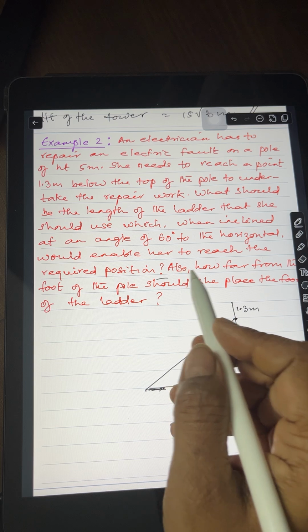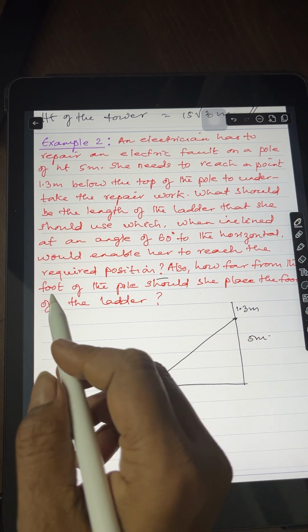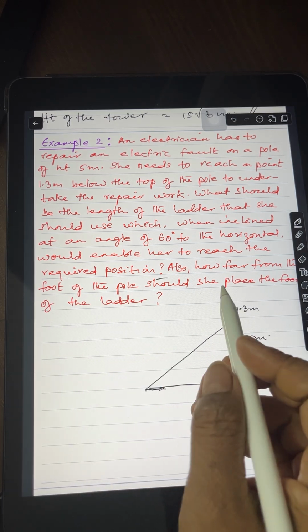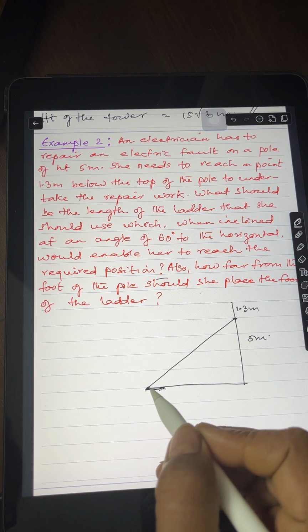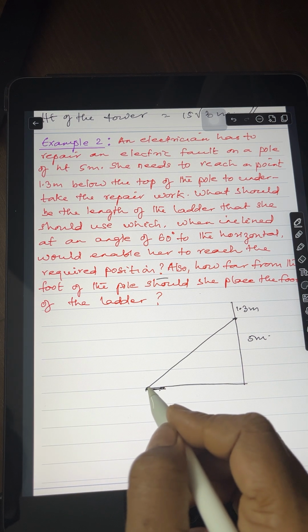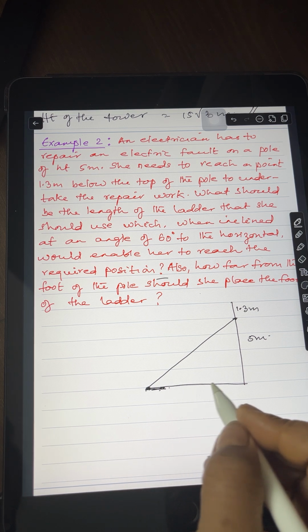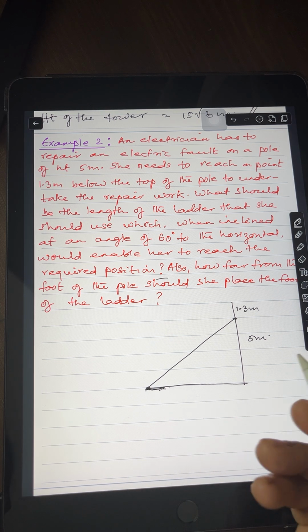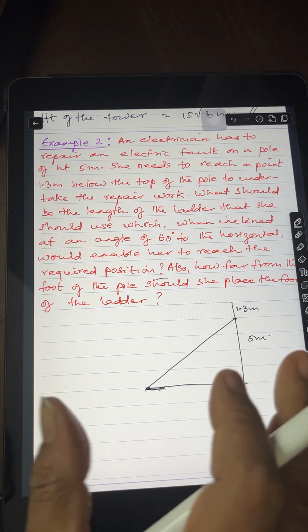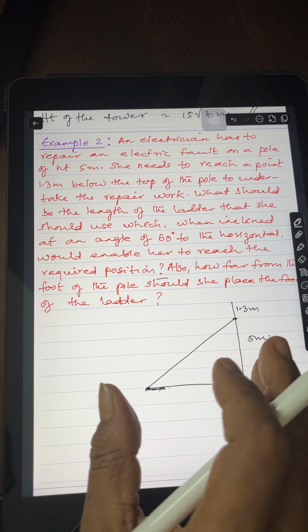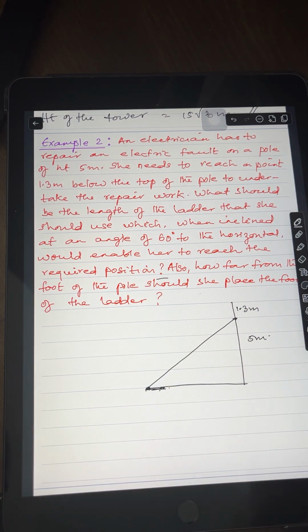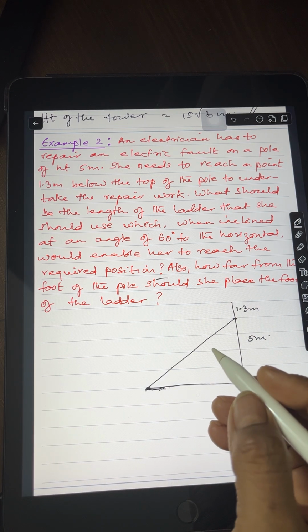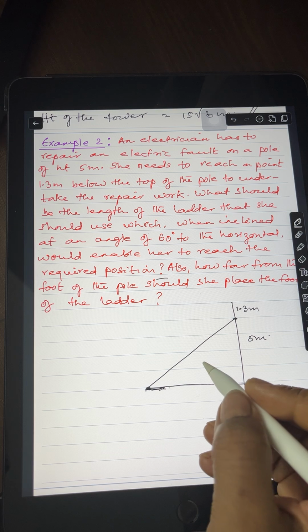That also is asking. Also, how far from the foot of the pole should she place the foot of the ladder? The foot of the ladder is here. Where should this ladder be placed? Where should it be placed? You will have to find the distance between the pole and the ladder and the length of the ladder. So what all is given?